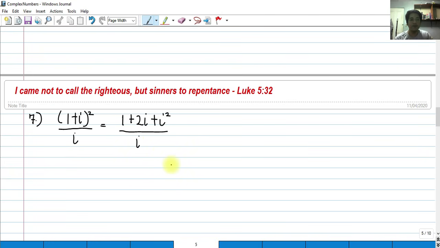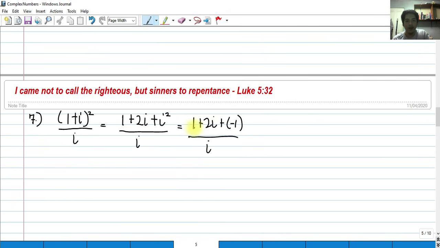So as you can see, for this problem, there's no need for you to actually multiply this term by its conjugate. You will see why. Because if you simplify the numerator, you see that the i will cancel. So we have 1 plus 2i, then we have plus i squared, that's plus negative 1 over i.